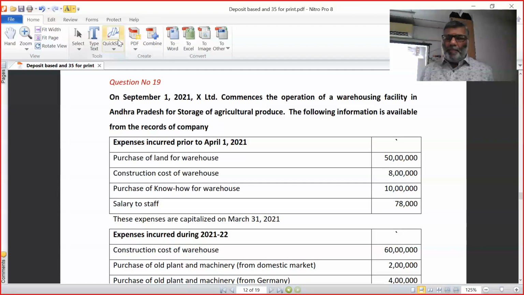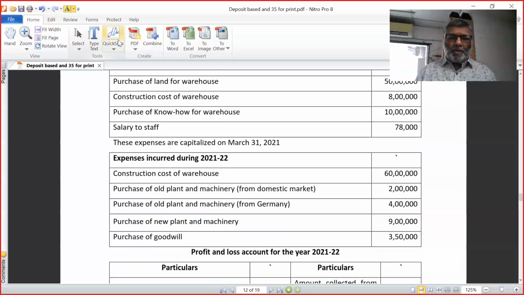Expenses incurred before 1/4/21: purchase of land, construction of warehouse, purchase of know-how, salary to staff; these were capitalized. Expenditure incurred for 21-22: construction, purchase of old plant and machinery from the domestic market, purchase of old plant and machinery imported, purchase of new plant and machinery, purchase of goodwill.